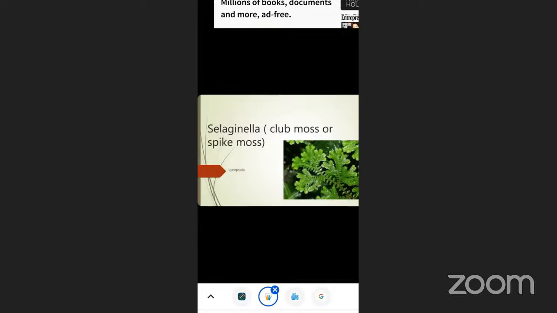Some are cultivated as ornamental plants. Selaginella is called club mosses or spike mosses. So here also club-like structures appear on the apical branches. They bear the strobili or cones.